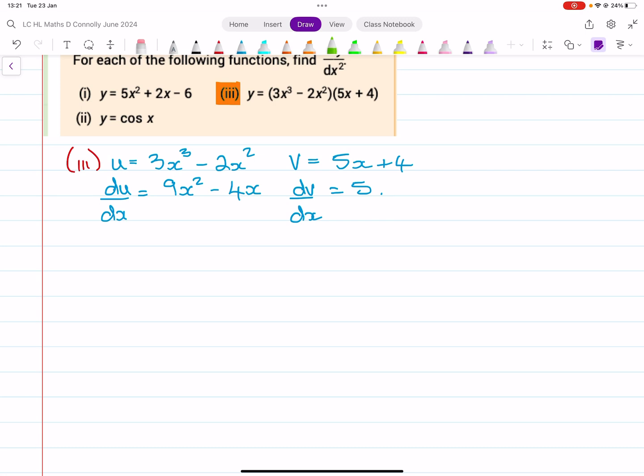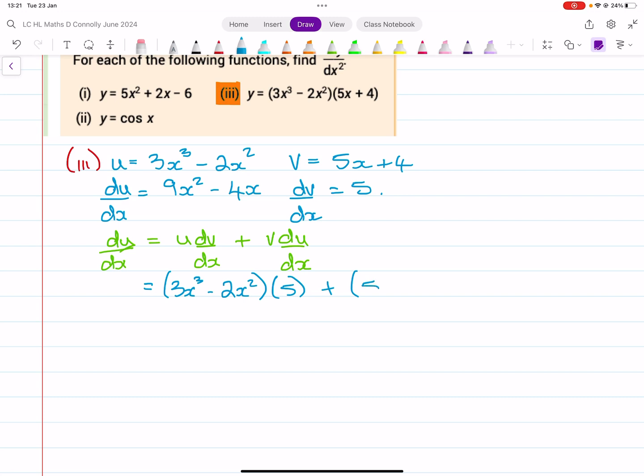The product rule is dy/dx equals u dv/dx plus v du/dx. So that is 3x cubed minus 2x squared times 5, plus 5x plus 4 times 9x squared minus 4x.